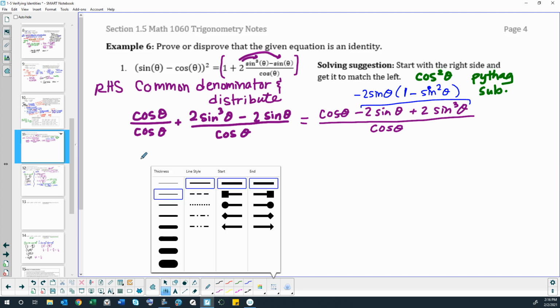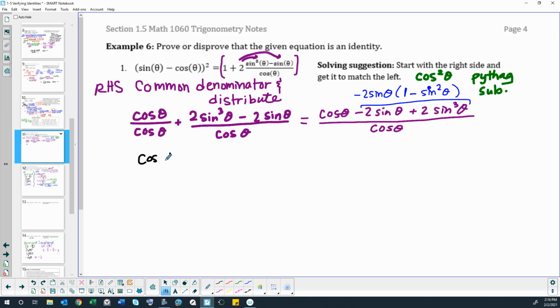So we have cosine theta minus 2 sine theta times 1 minus sine squared theta, which turns into cosine squared theta, all over cosine.